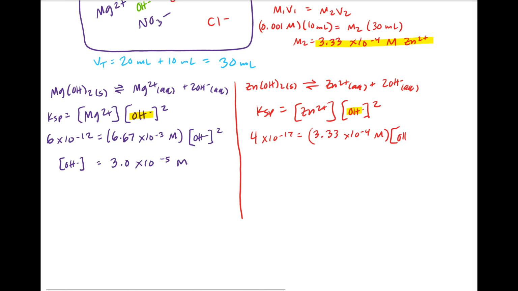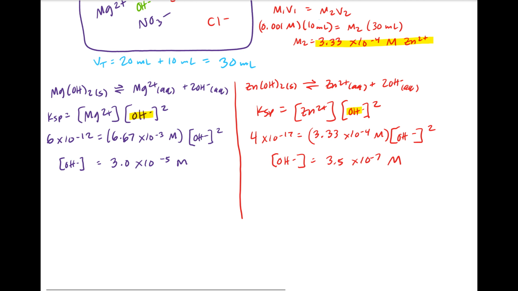Again, we don't know hydroxide. That's what we're solving for. I get a hydroxide concentration of 3.5 times 10 to the negative 7 molar. Okay, so I have two possible answers for hydroxide.